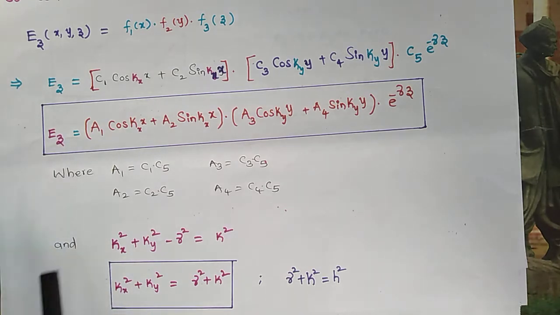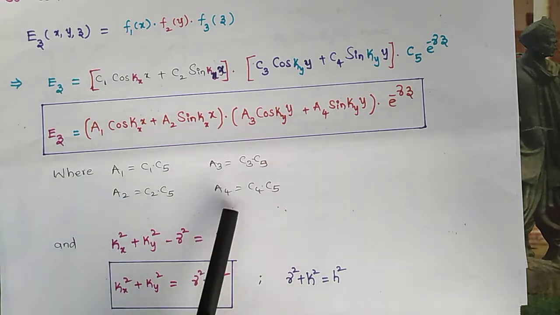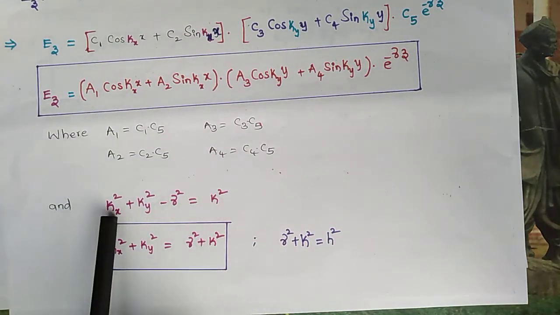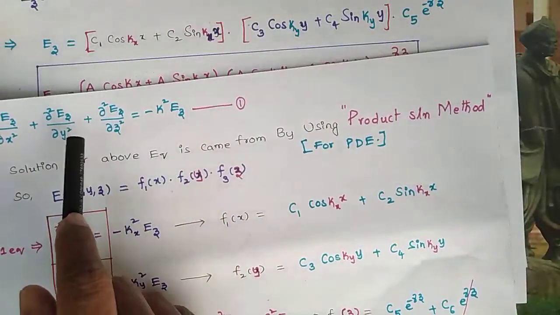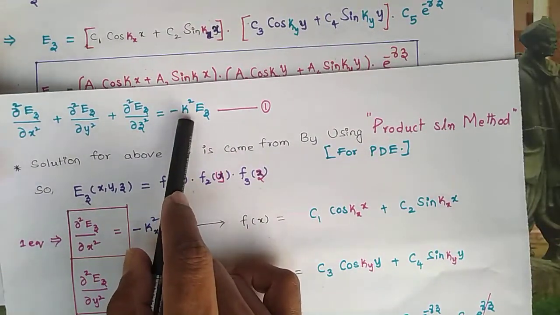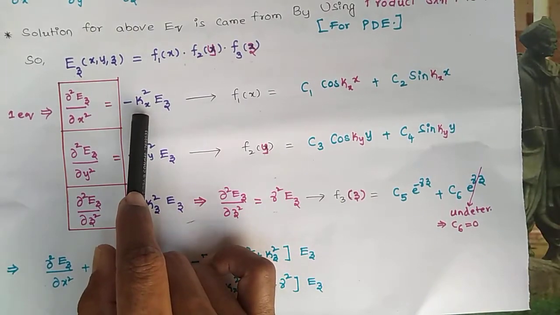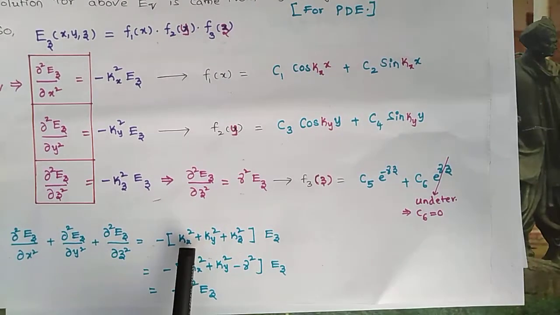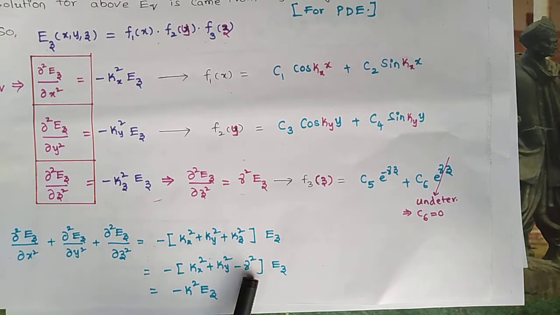I have already explained the a1, a2, a3, a4 values, and already told that k square equals kx square plus ky square minus gamma square. See here, my differential equation has minus k square. For deriving the partial differential equation I take kx, ky, kz, so k square equals kx square plus ky square plus kz square, but kz square equals minus gamma square.